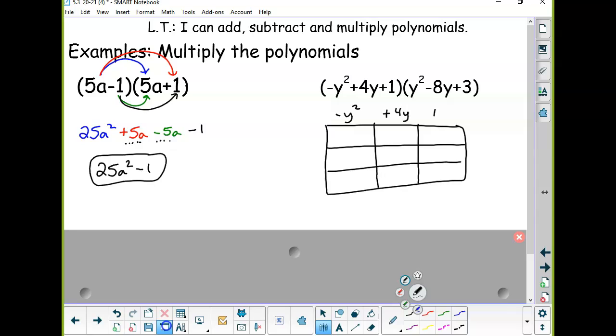And what we're going to do is pick one of the trinomials to go across the top, and the other one can go down the left side. And then our job is to multiply all those together and fill in every box. And you'll notice something with the like terms, which is why I like this method.